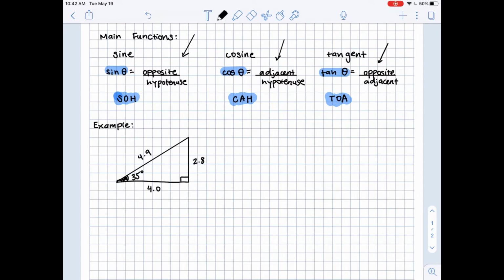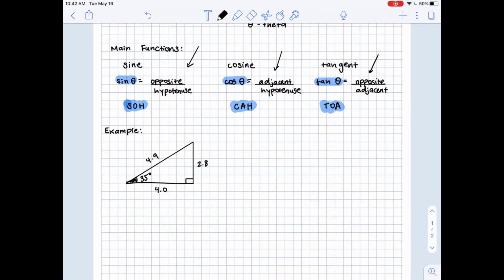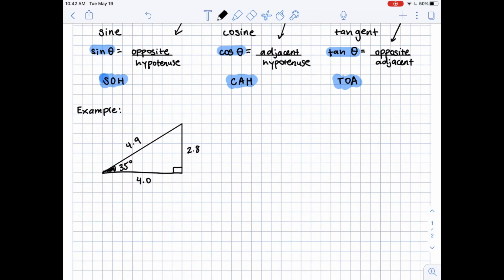Now, let's see if these main functions work. Sine of 35 degrees is equal to opposite over hypotenuse. Cosine of 35 degrees is equal to adjacent over hypotenuse.